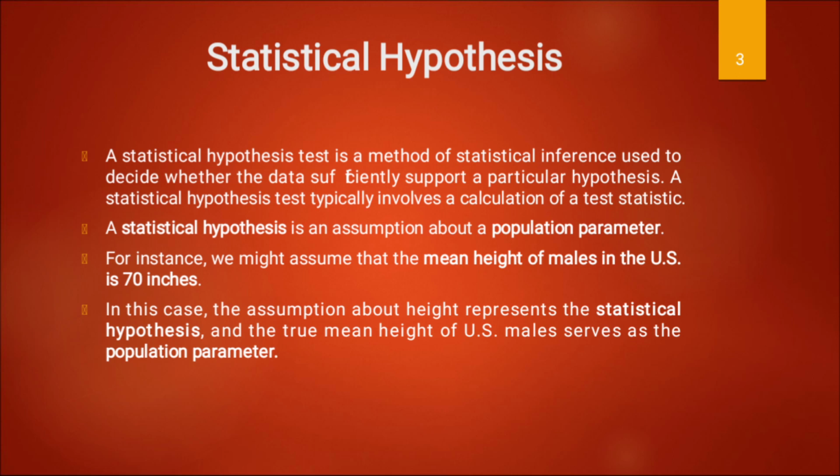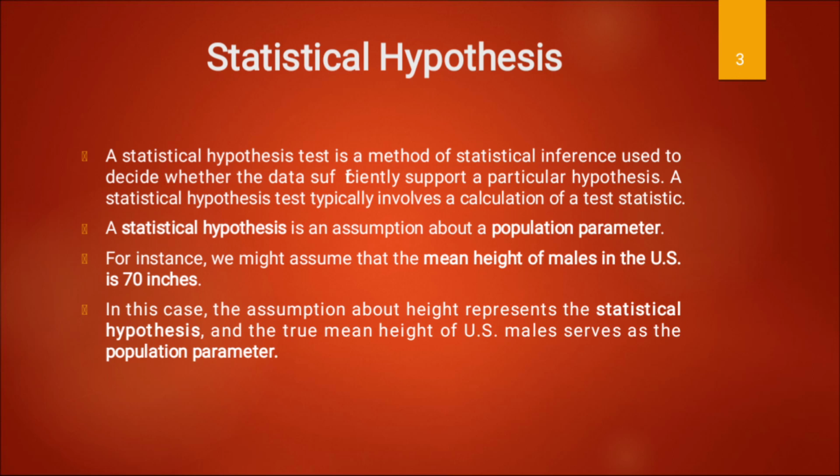So this is the hypothesis. A statistical hypothesis is an assumption about a population parameter. Basically, whenever we test a sample, it shows the population parameters, what we have in the population. For instance, we might measure the mean height of males in the US as 70 inches.